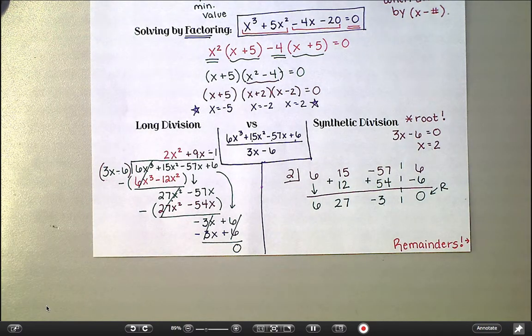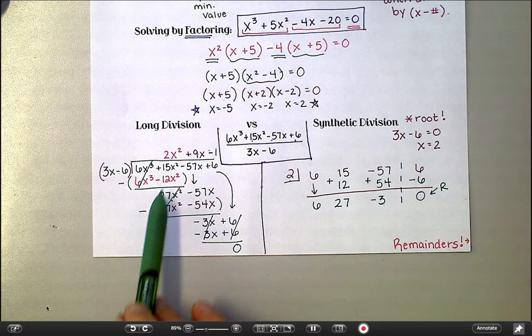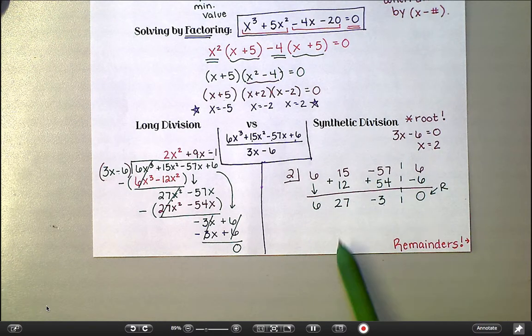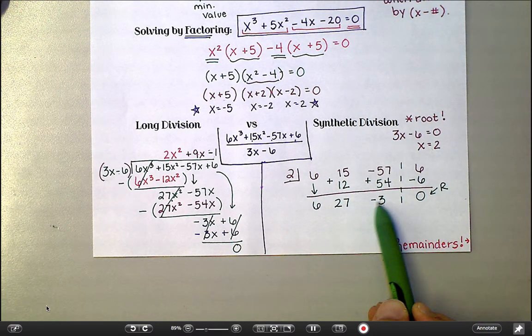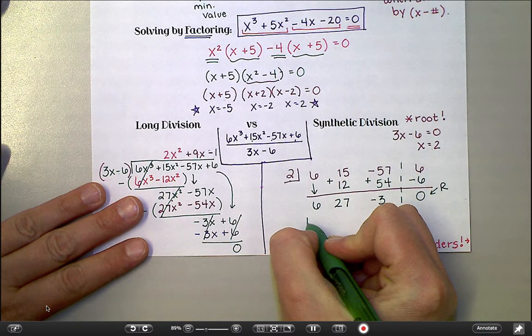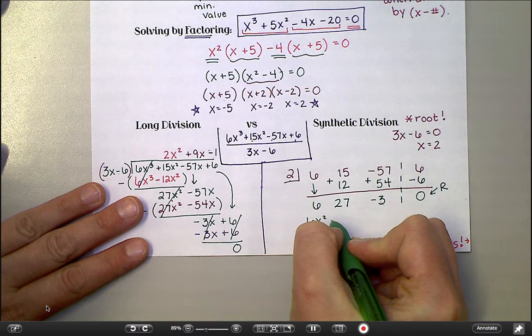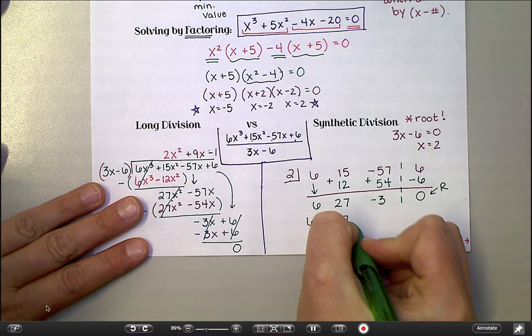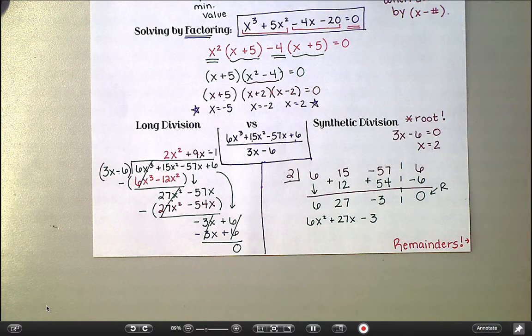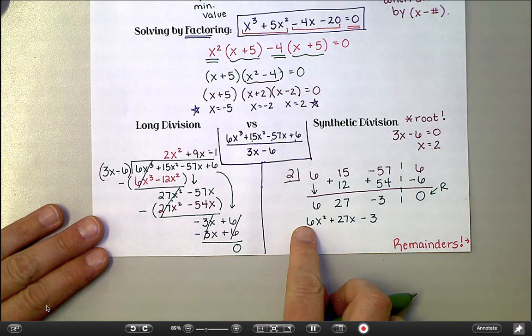So that means this divided in evenly. Now, why did we get a slightly different answer for this one? I'll show you that in just a second, but really what this represents now is the coefficients on my answer. So based on this, I could say this is 6x squared plus 27x minus 3. That would be my answer to this question.